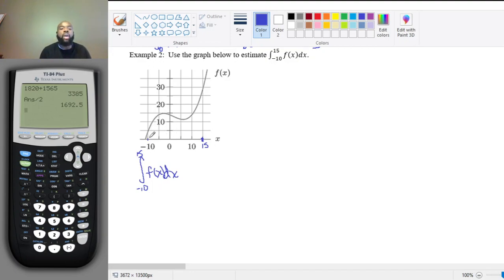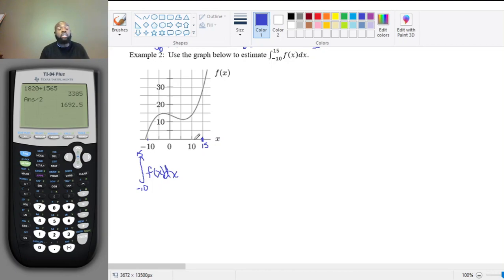If I wanted to estimate this integral, I can try to estimate the area under this curve by counting up the number of squares and then multiplying by the area of the square. Each square is 5 units by 5 units, so each square is 25 square units. Now there are some partial squares, so you're going to have some fractional squares here, but you can estimate this integral by doing that.